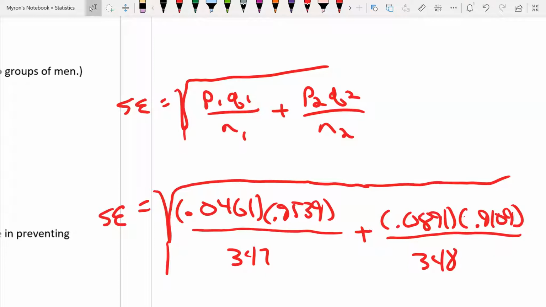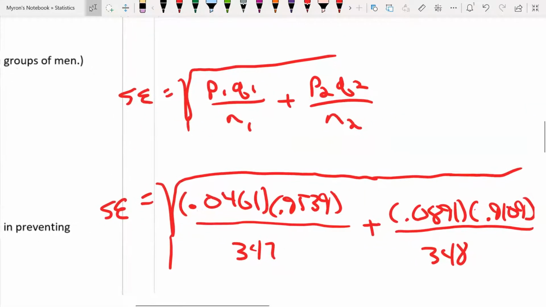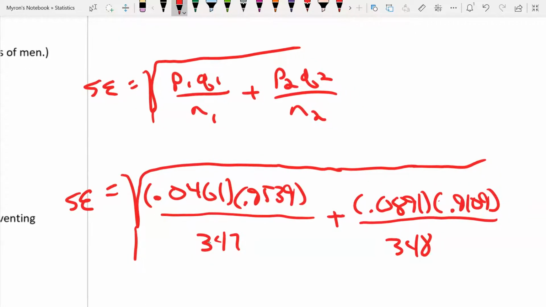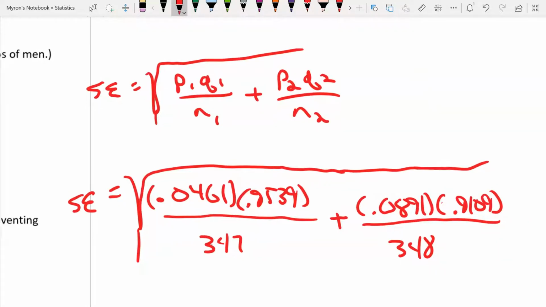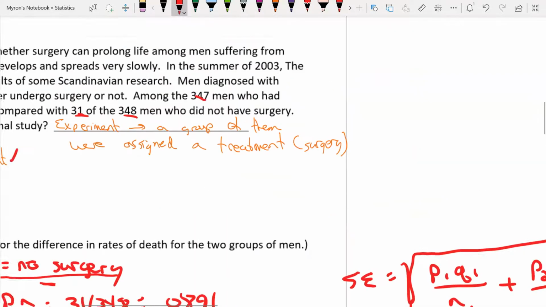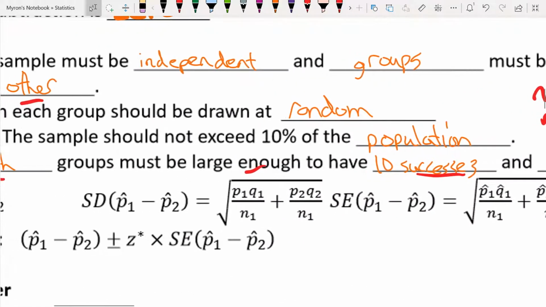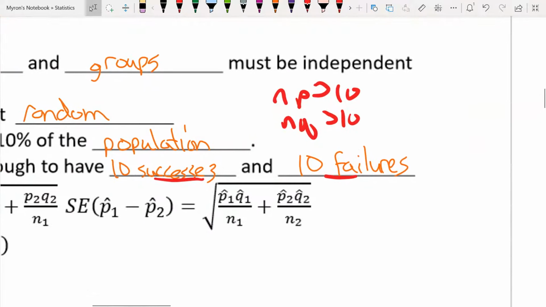See, it's like two different standard deviations being added together, right? And so I plugged in p1 and q1, 0.0461, 0.9539 over 347, and p2, q2, 0.0891 and 0.9109 over 348. And you'll see that matches the formula we have up here for the standard deviation and standard error.